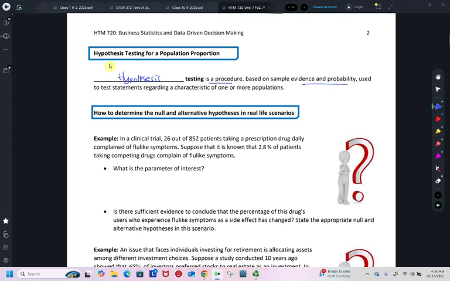The very first step in the sequence of procedures associated with hypothesis testing is determining the null and the alternative hypothesis. The null hypothesis is denoted as H for hypothesis, and then the null will be a subscript 0, whereas the alternative is denoted as H for hypothesis and subscript A, or H subscript lowercase a, or H with subscript 1.